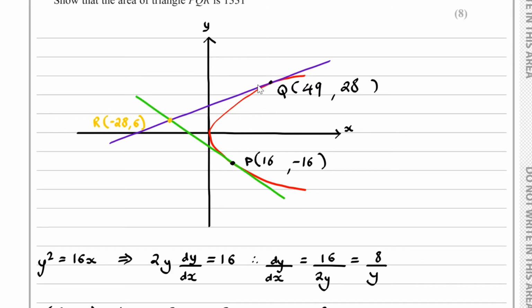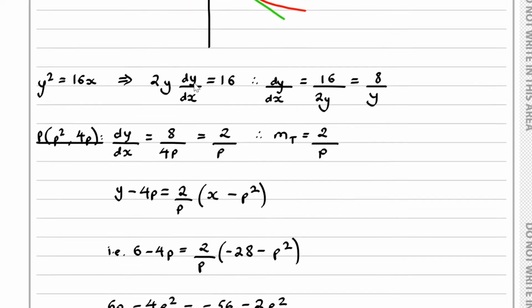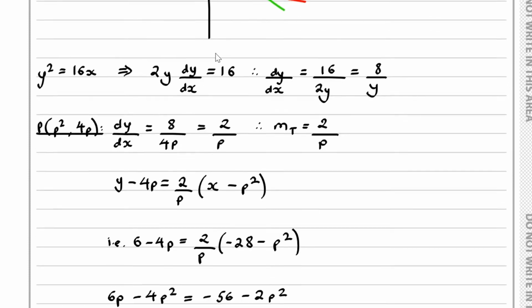One way is to first work out the length of PQ, PR and RQ, then use the cosine rule to find one of the missing angles, and then use half ab sine C to find the area. Now that would take too long, but because we've got coordinates, we can actually use our vector knowledge to find the area of PQR.